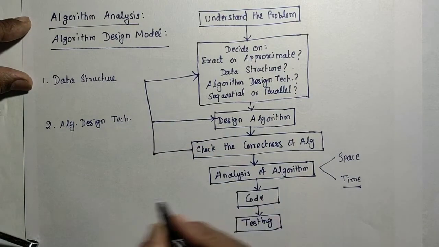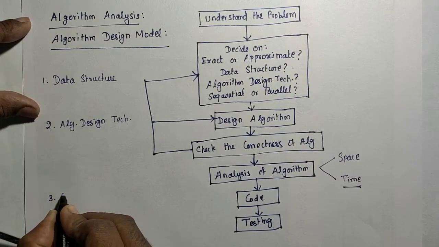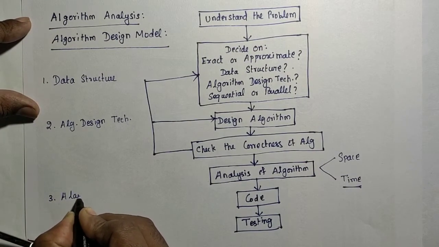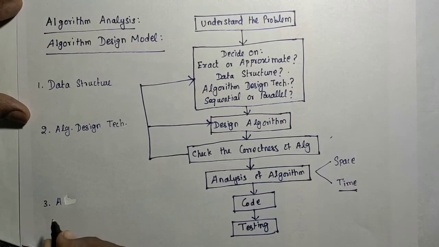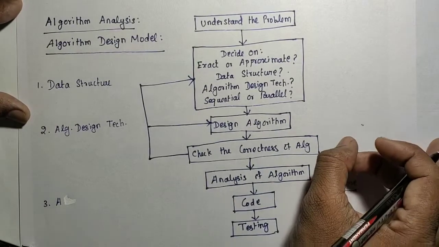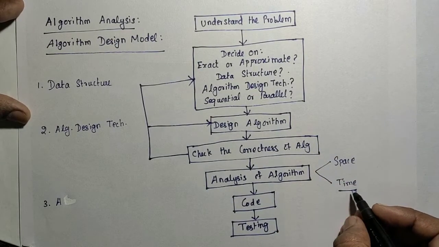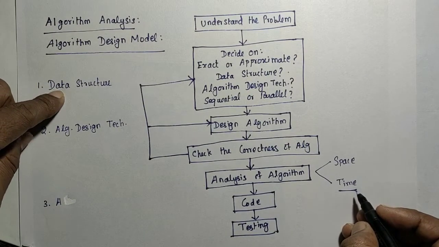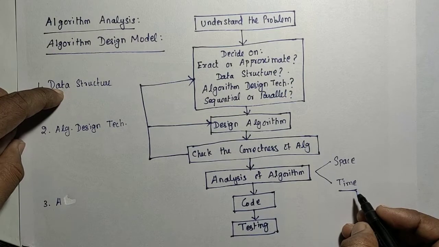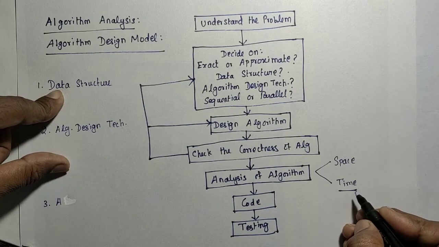And finally, the analysis of algorithm. These three things you have to learn. The execution time and the amount of space of your algorithm depend completely on what data structure you choose, and what algorithm design technique you choose.